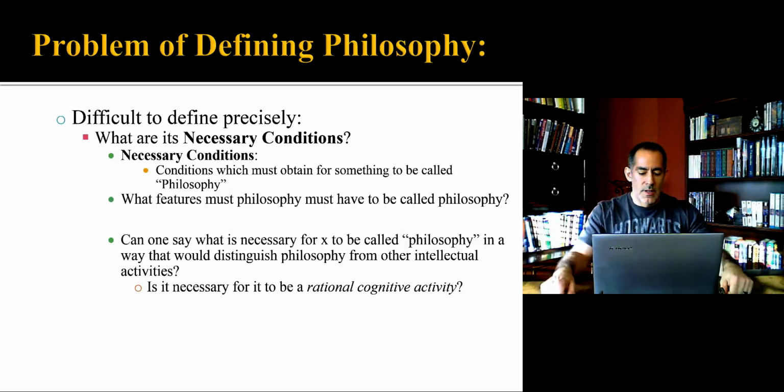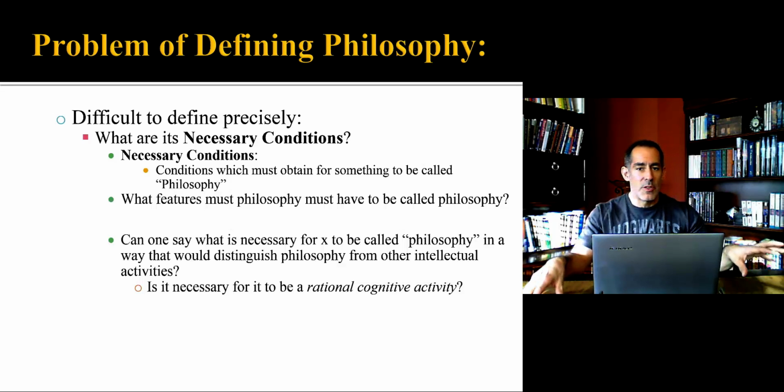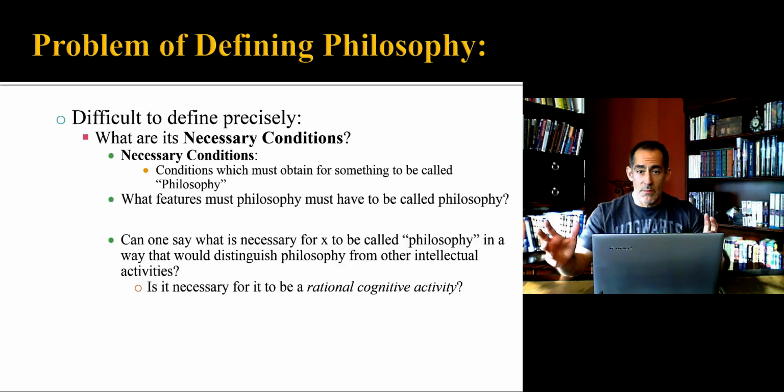Now, perhaps if you look at the bottom of that slide, we could talk about rational cognitive activity. Is that a necessary condition for philosophy? Can one say what is necessary for X to be called philosophy in a way that would distinguish philosophy from other intellectual activities? All right, what distinguishes philosophy from maybe doing physics? Well, it seems that rational cognitive activity is necessary to do philosophy.